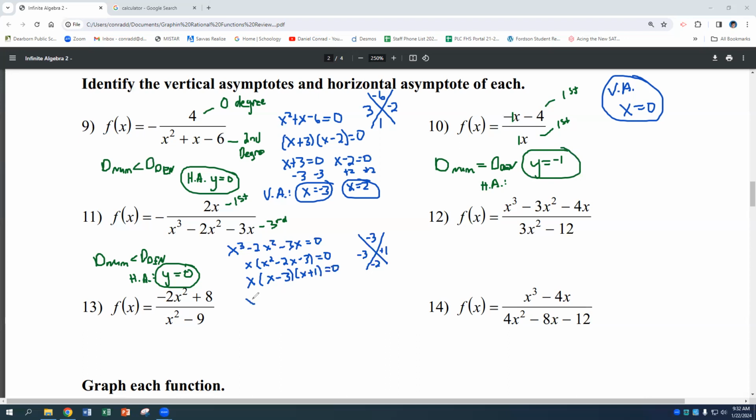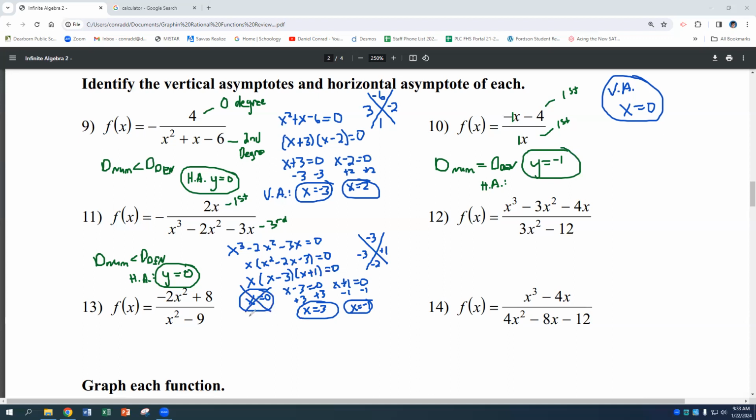So if I solve all of these, I have x equals 0. I have x minus 3 equals 0. And x plus 1 equals 0, which will give me x equals 0, x equals 3, and then x equals -1. So I have 3 vertical asymptotes. Okay. In reality, you'll be able to cancel out one of these x's.